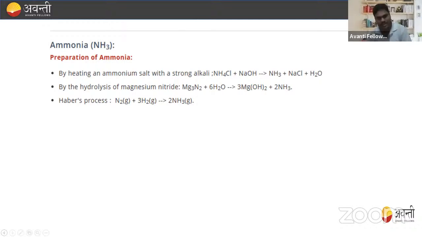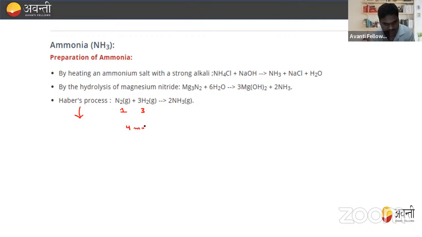Similarly, we have also the Haber process by which you can prepare ammonia. In the Haber process, when N2 reacts with 3H2, it forms 2NH3. So what are the conditions for the Haber process? Here we have 1 mole of one gas and 3 moles of the other, so the total is 4 moles, N2 plus 3H2, right?